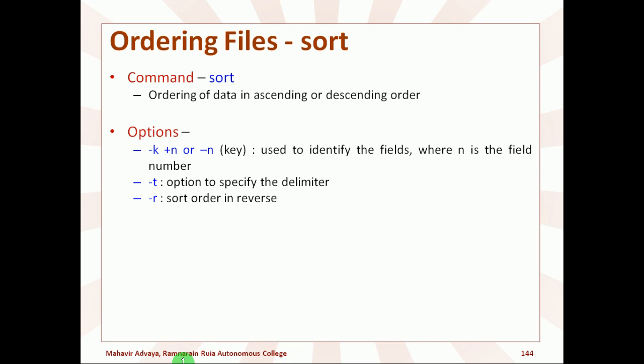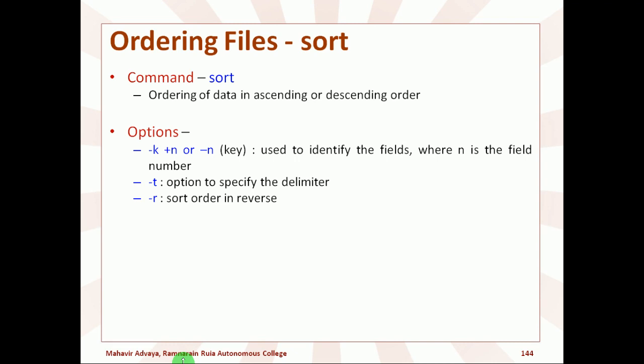So +k, +n. These are the options that are used to specify the field number, which field you want to sort on. n or k can be used for specifying the field number, and -t to specify the delimiter.